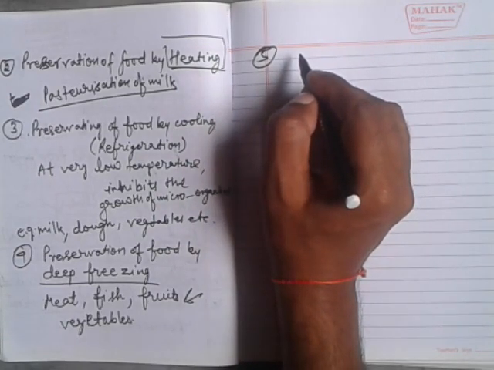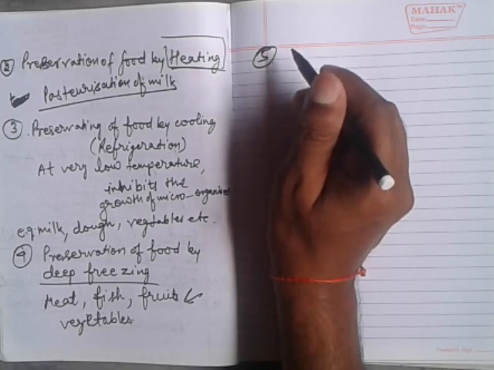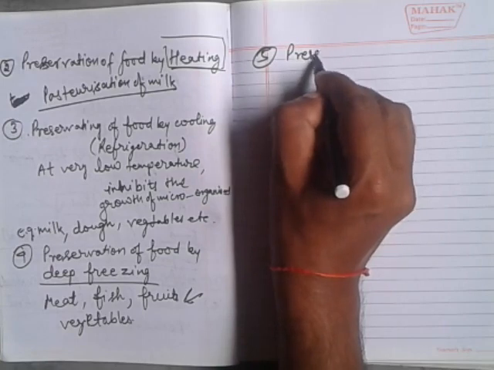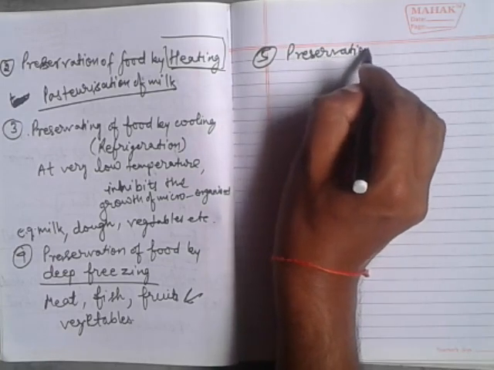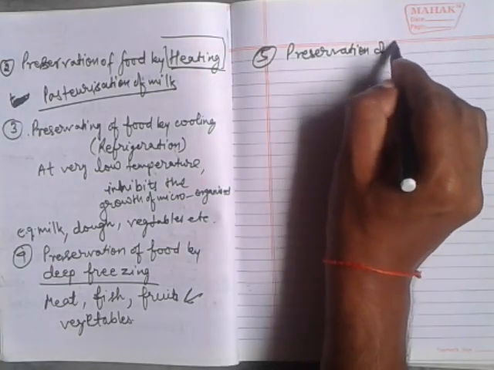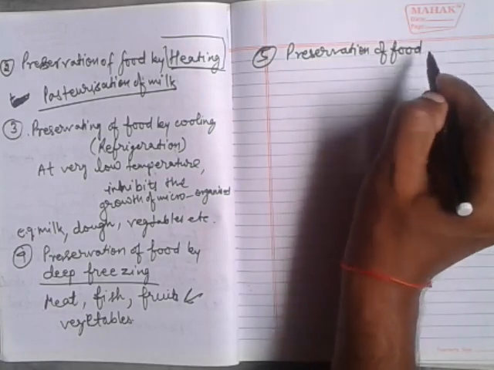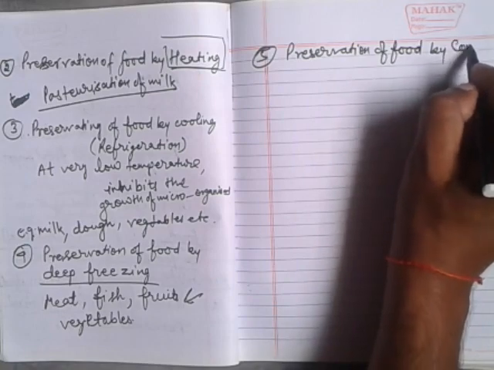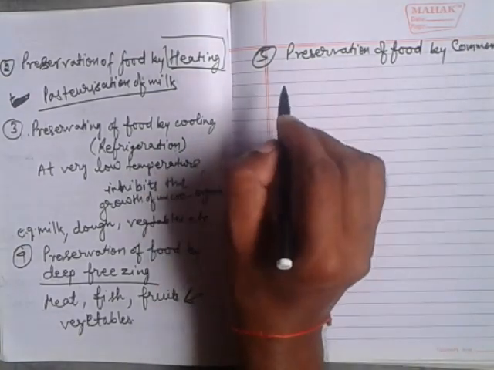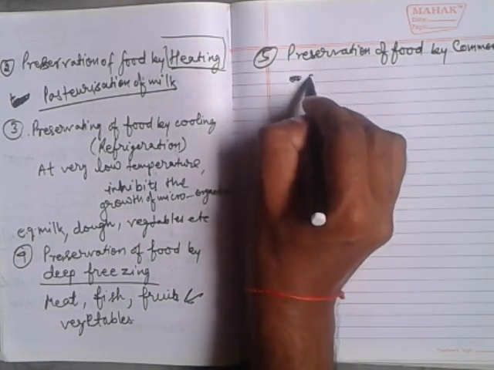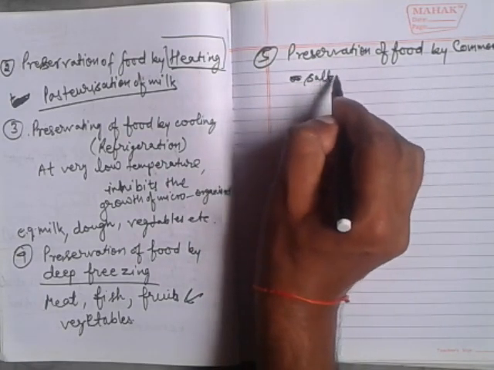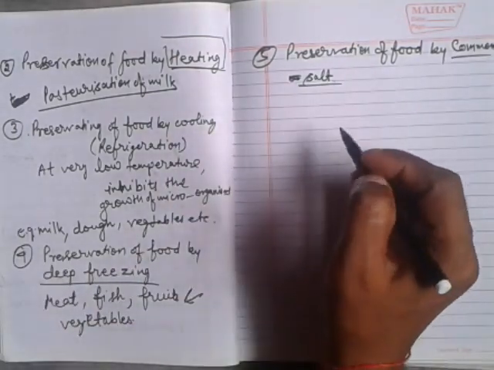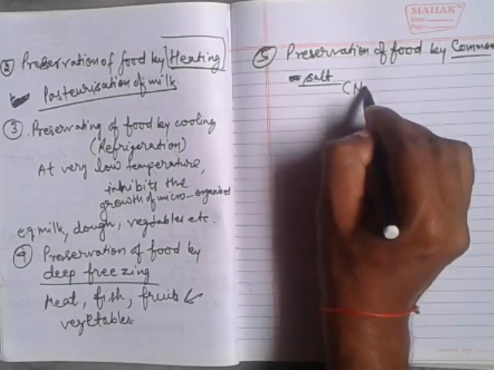Food also may be preserved by using common salt. Preservation of food by common salt. Common salt means the salt we use in our daily food items. The formula of the salt is NaCl.